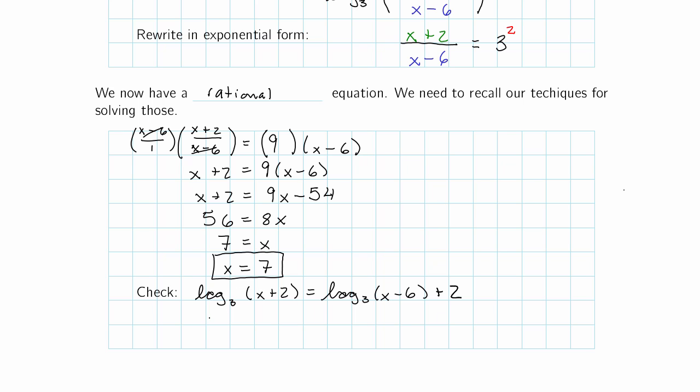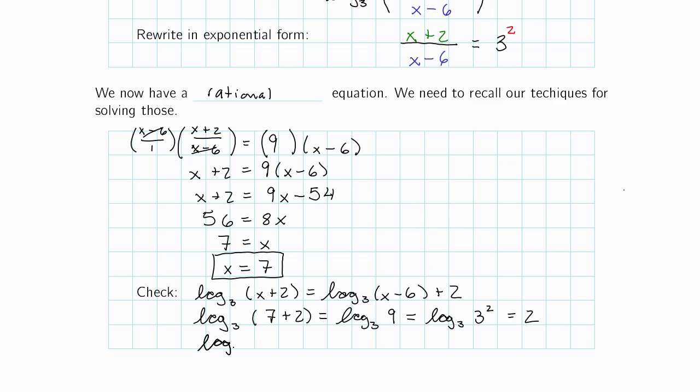So when I plug in x equals 7, the log base 3 of 7 plus 2 is the log base 3 of 9. 9 is 3 squared, so this is 2.